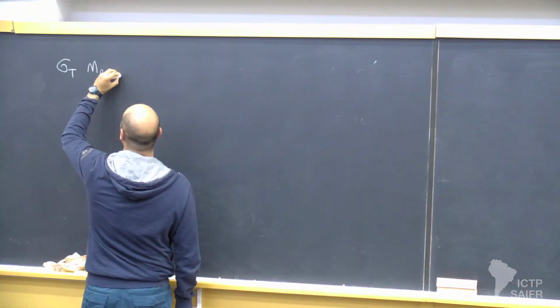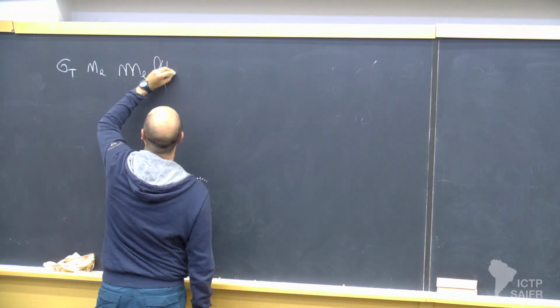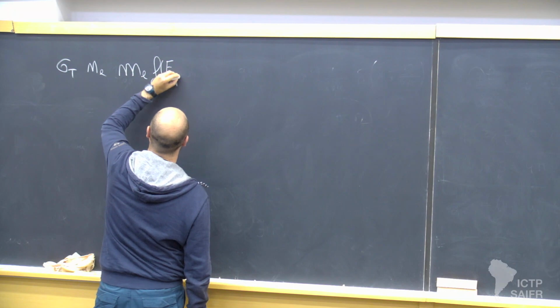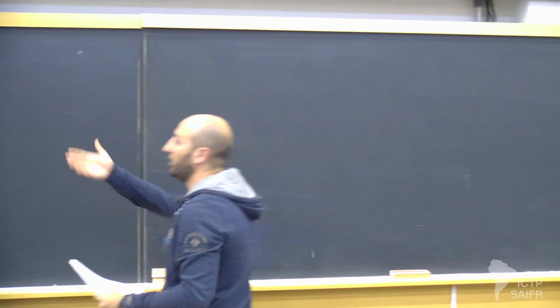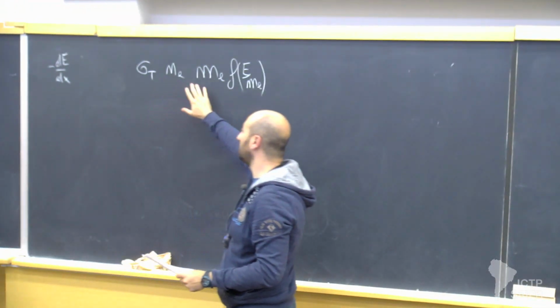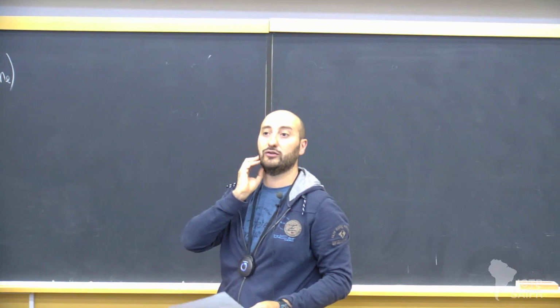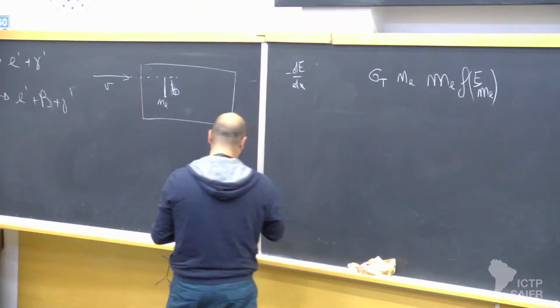The only energy scale is the mass of the electron, or in general, some energy of the electron, or the velocity, if you wish. So the final result that we'll get should look something like that, on dimensional grounds. We'll see that this is the case.